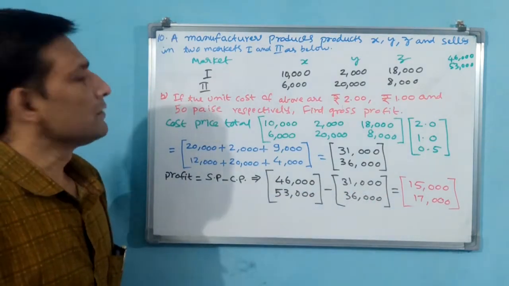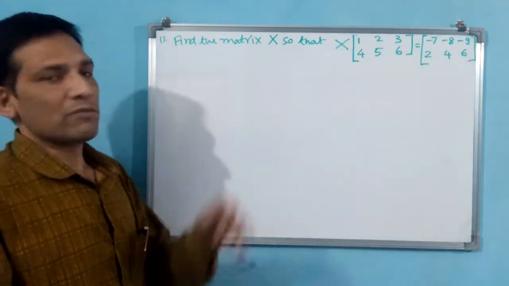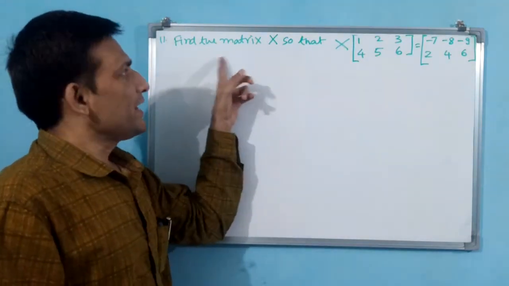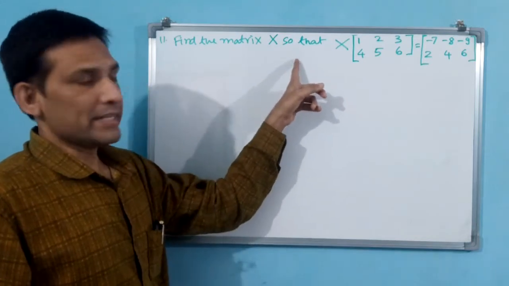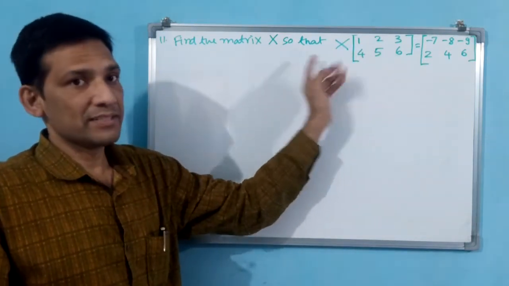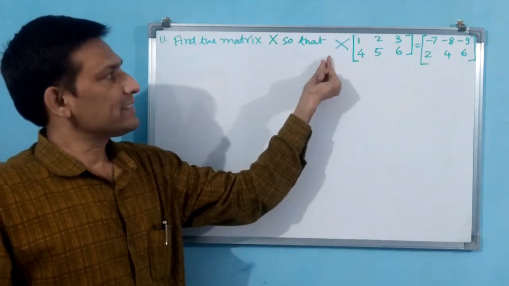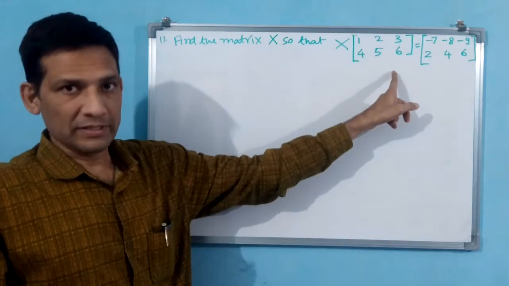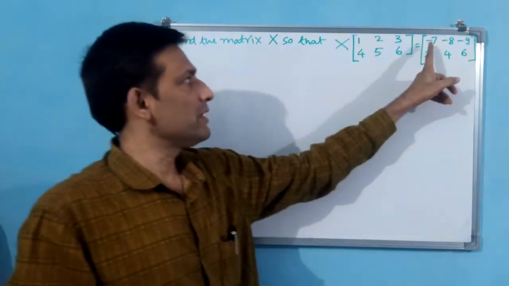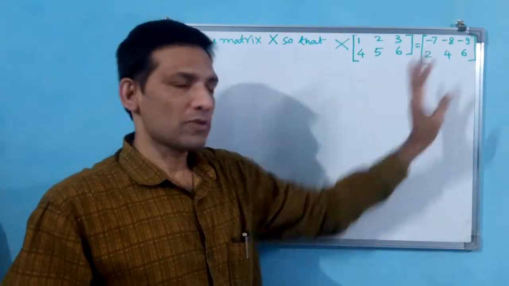Okay, let us go for the 11th question. See what they have given in the 11th question. Find the matrix X so that X into the matrix 1, 2, 3, 4, 5, 6, if you multiply, the result will be the matrix minus 7, minus 8, minus 9, 2, 4, 6.